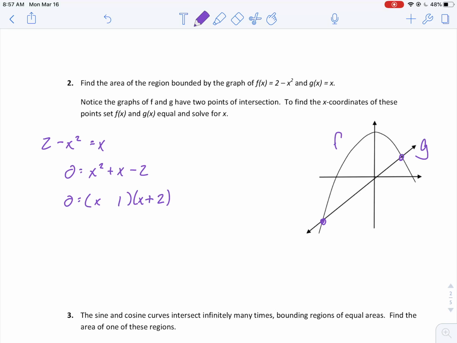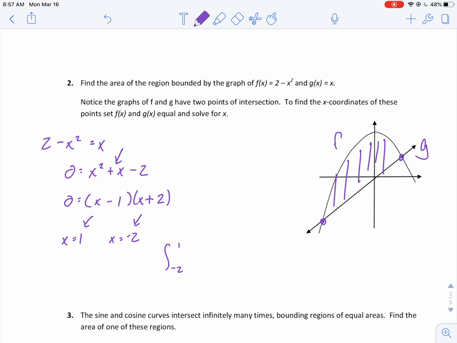I have 1 and 2. The 2 should be positive because my middle term is positive. 1 is negative. x minus 1 will yield x equals 1, and x plus 2 would yield x equals negative 2. So I don't need to find the y coordinates because I'm integrating again with respect to x. So negative 2 and 1 will be my bounds.